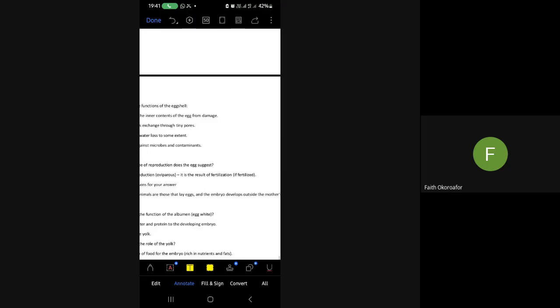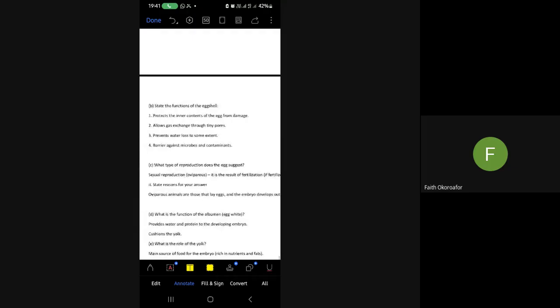Oviparous animals lay their eggs, so the embryo develops outside the body of the mother. All birds are oviparous. They lay their eggs and they incubate them. Do you get that? Yes, ma'am.